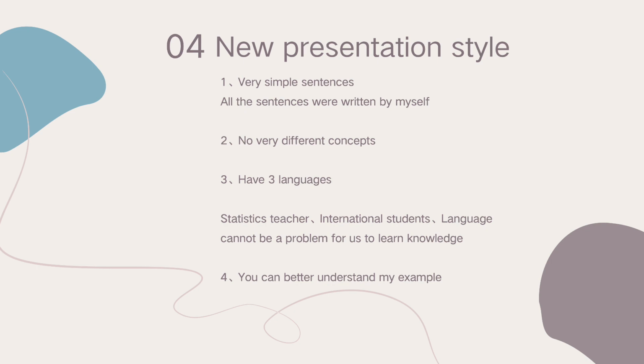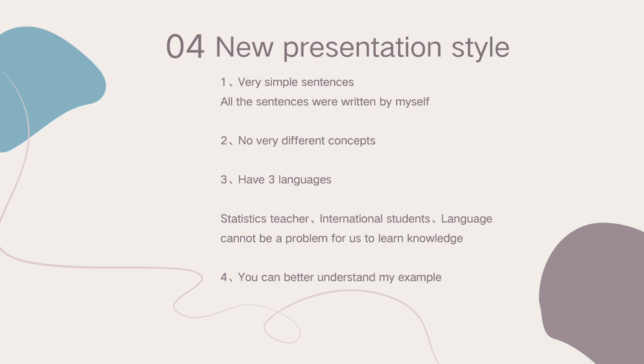And if you are a Chinese student, you can read the Chinese because it is very meaningful to you to understand my example. So you can better understand my example because there are many example sentences, no very difficult concepts, and it has three languages: English, Malay, and Chinese.